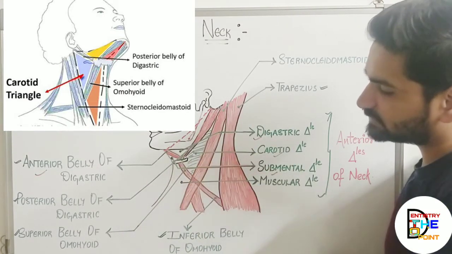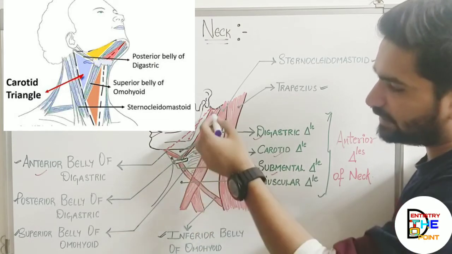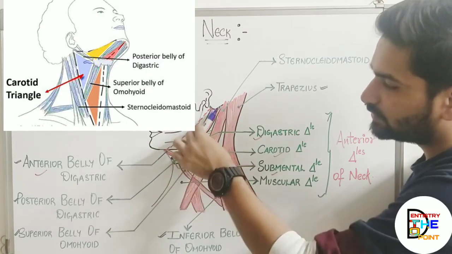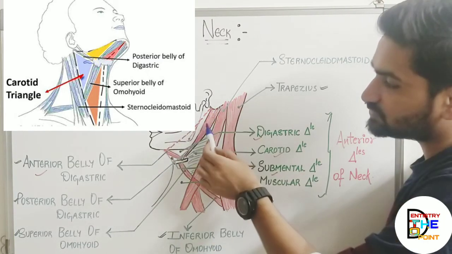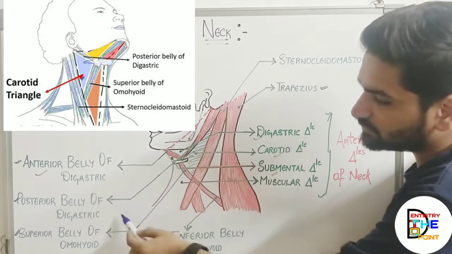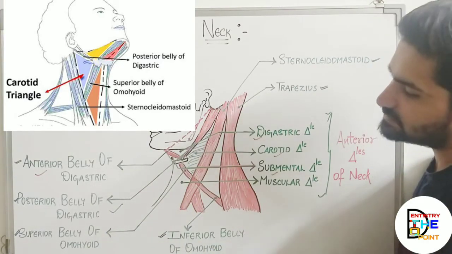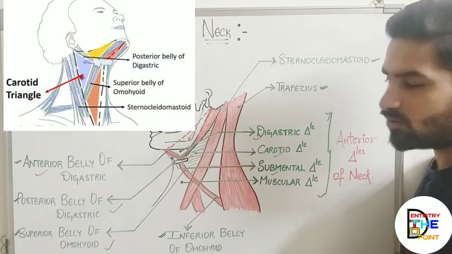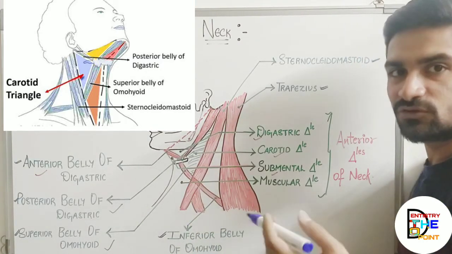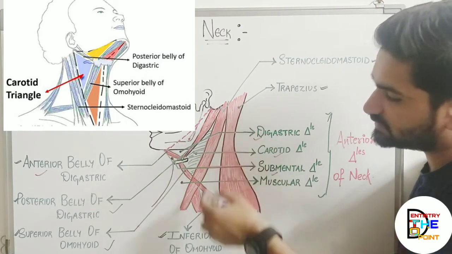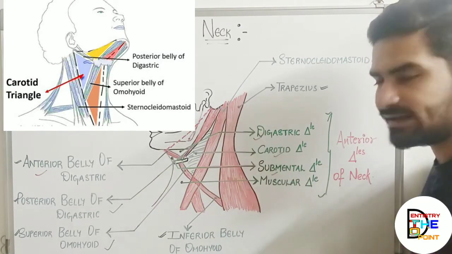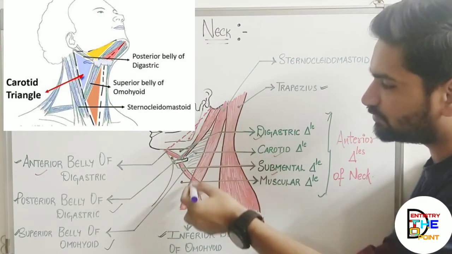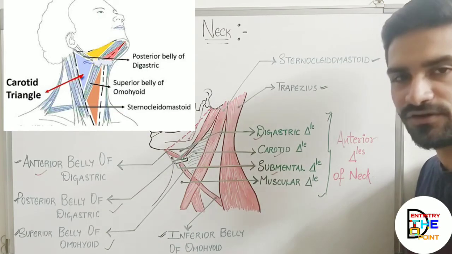Anterosuperiorly it is the posterior belly of digastric. Anteroinferiorly, it is going to be formed by the superior belly of omohyoid, and posteriorly it is going to be formed by the anterior border of sternocleidomastoid. This is your sternocleidomastoid muscle.